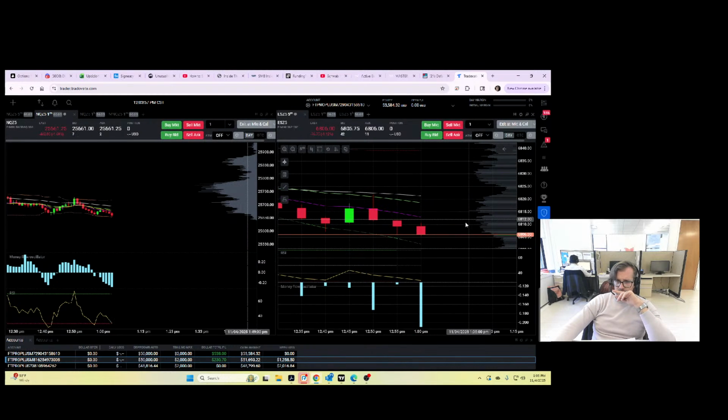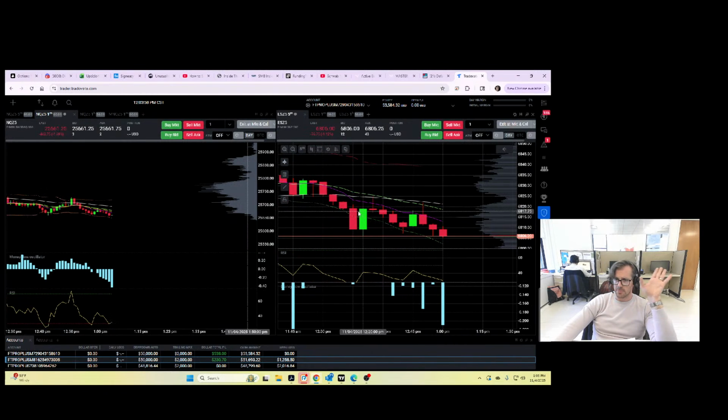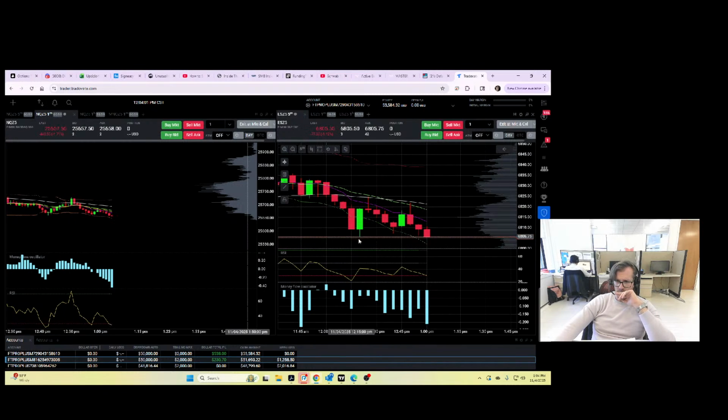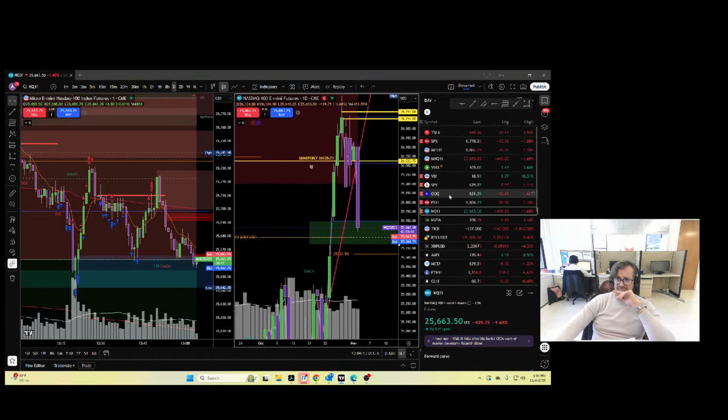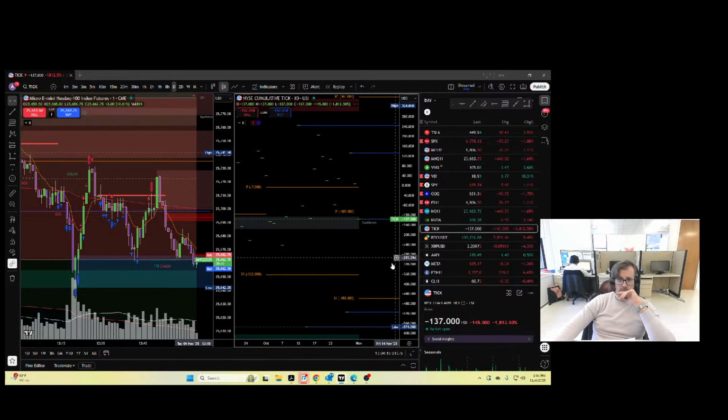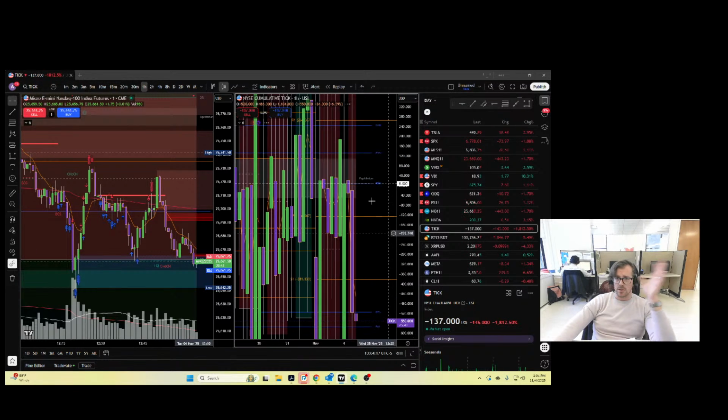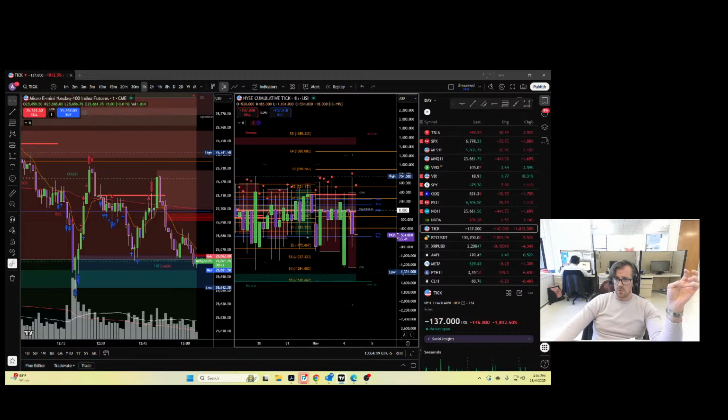I like to look at the chart on ES compared to NQ. Might bounce here. Another thing you can look at is this tick chart. Basically all it does is go back and forth.